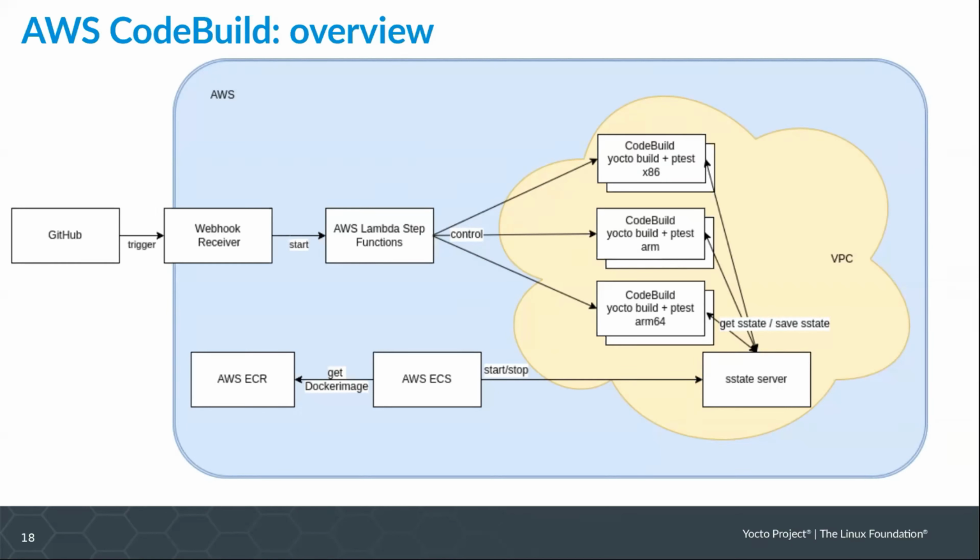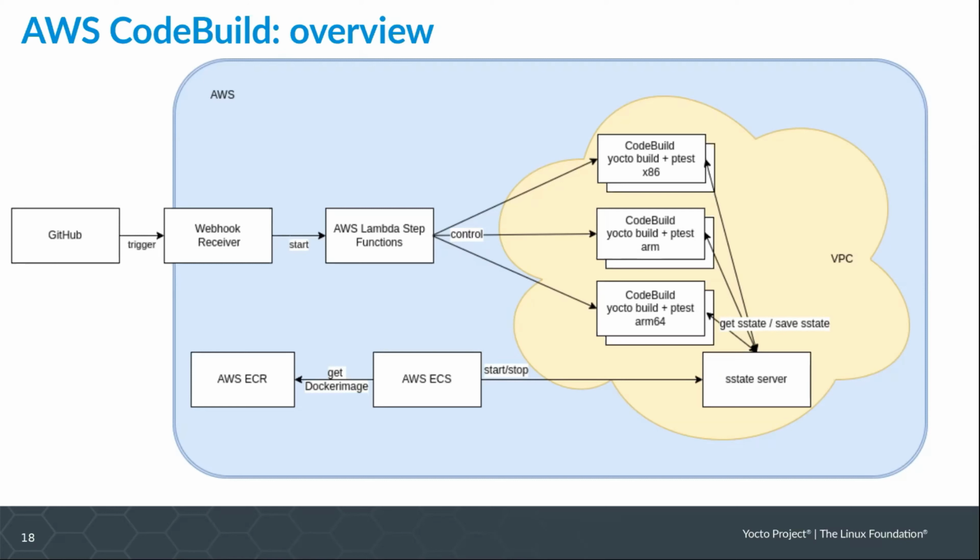So on the left side, GitHub triggers a webhook, which is some kind of a function call, you can say. This is starting an AWS Lambda step function, which is a kind of a state machine. This state machine is controlling that CodeBuild build instances for different architectures.